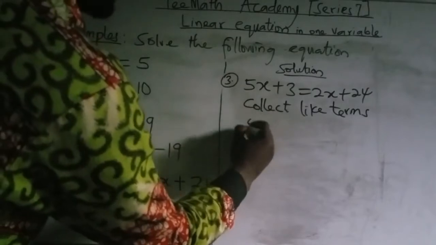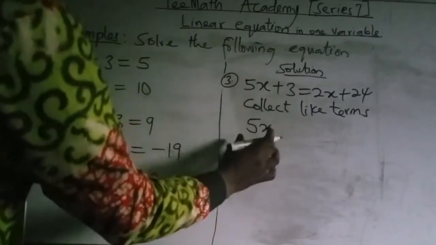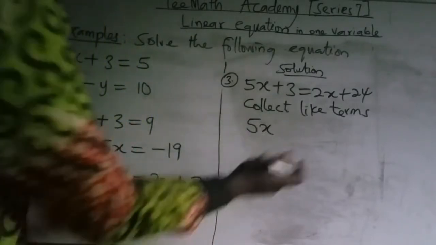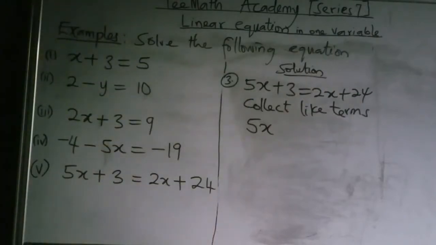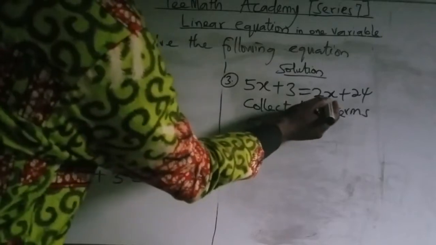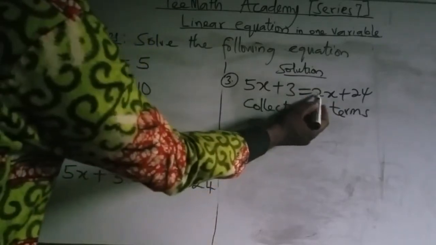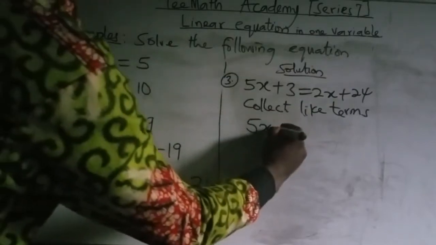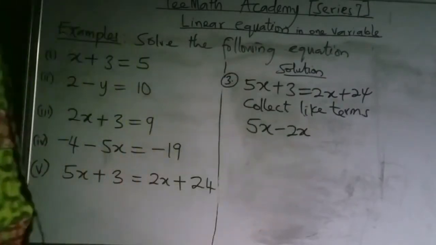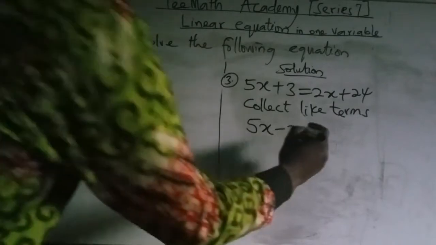Like terms. So from here, this 5x will not change the sign because he's the landlord. Now the 2x on the other side will come and meet 5x. And when he's coming, meaning that he's still crossing this equality sign, and the sign of 2x here is positive, coming here becomes minus 2x. Please take note of the sign and the rules. Then you are through with this side.